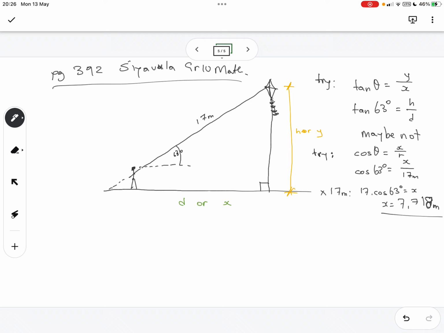So that doesn't give us the vertical distance, but it gives us a distance that's horizontal. That doesn't quite answer the question that's being asked, which is the height h above the ground.